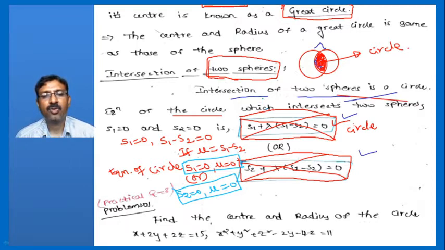That's why we are using two equations, sphere and plane, to represent a circle. Either first one or second one, any one we can use in solving problems. Okay, this is the small correction to the previous class.